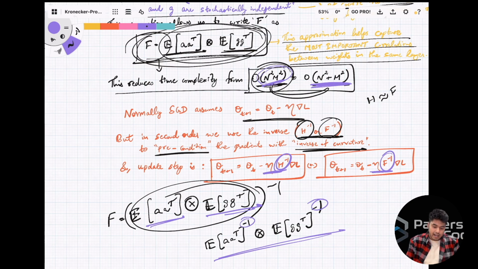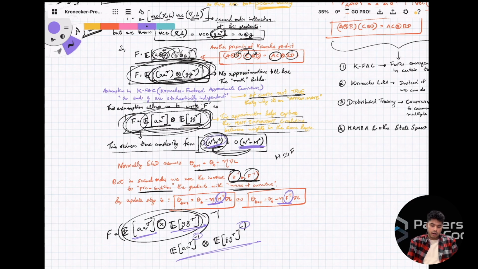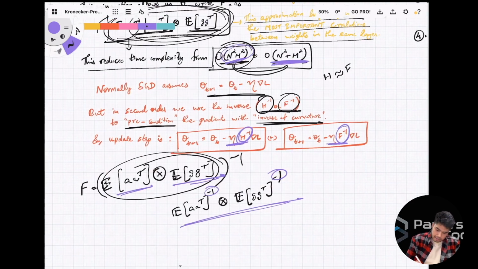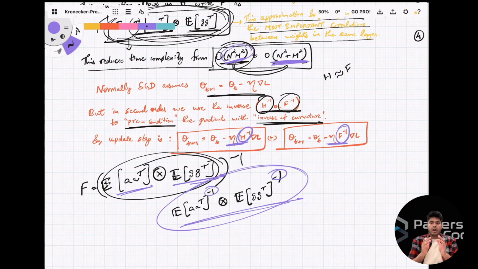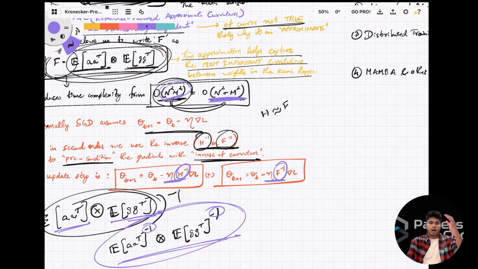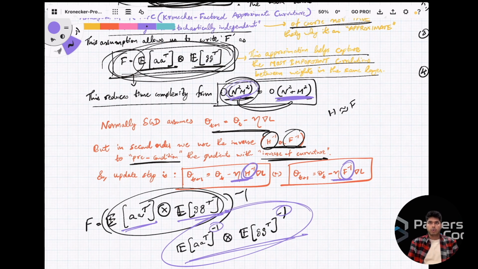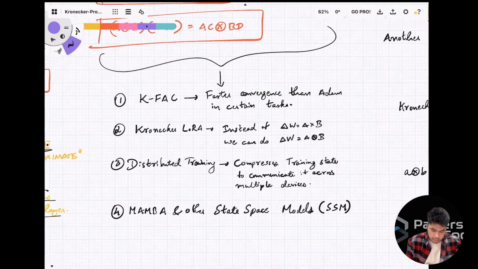But the idea is to use the Kronecker product to reach this very simple equation where you can individually invert second order matrices and not have to invert the combined version of it, right? And that makes a huge difference in terms of compute and how we can store data and things like that. Very cool applications.